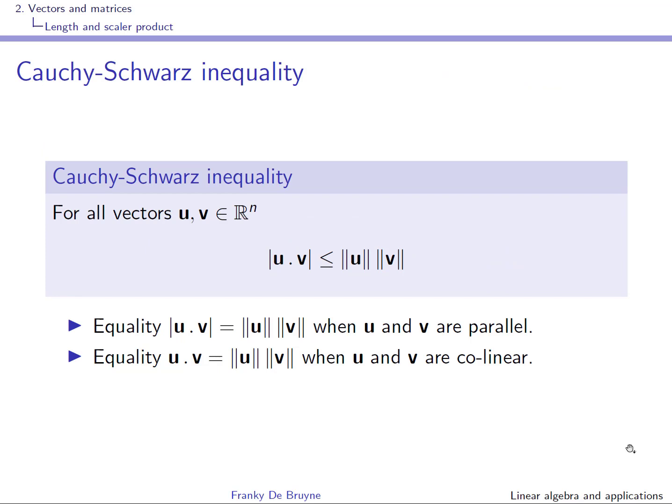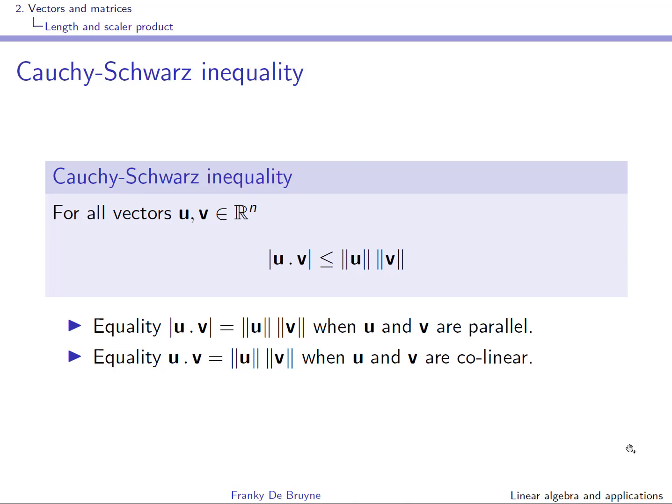The Cauchy-Schwarz inequality states that for all vectors u and v in Rn, the following property holds. That is to say, the absolute value or modulus of the scalar product of these two vectors is smaller or equal than the product of their respective lengths.